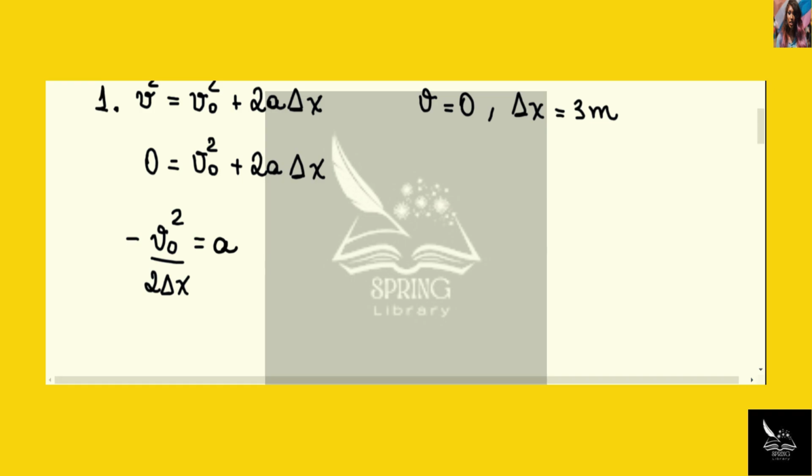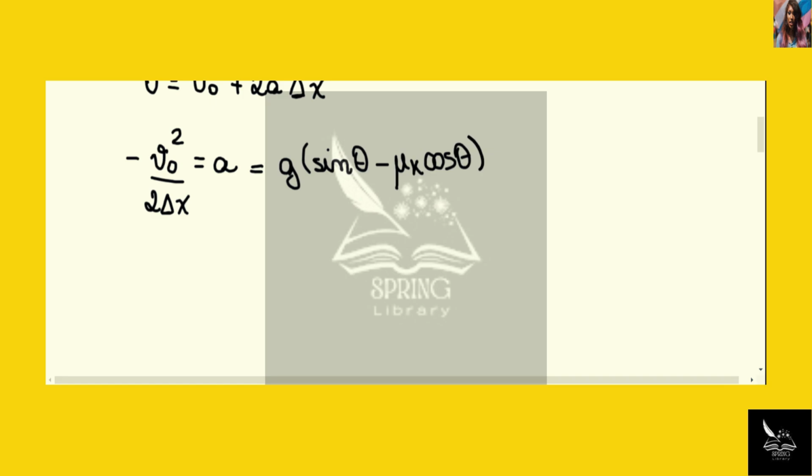And this is equal to, as we found before, g times the sine of theta minus mu k times cosine of theta.